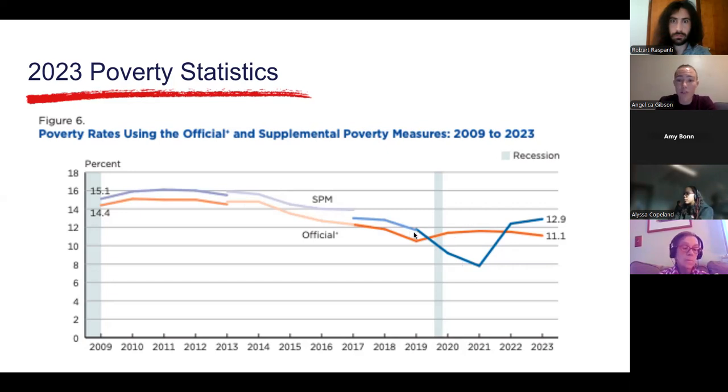But what was so interesting about what happened in 2020 and 2021 was the pandemic and all these policies that we put in place to fight the pandemic. The stimulus checks, first of all, were a huge contribution in why the supplemental poverty measure is so much lower, because all of a sudden folks had a little bit more cash.